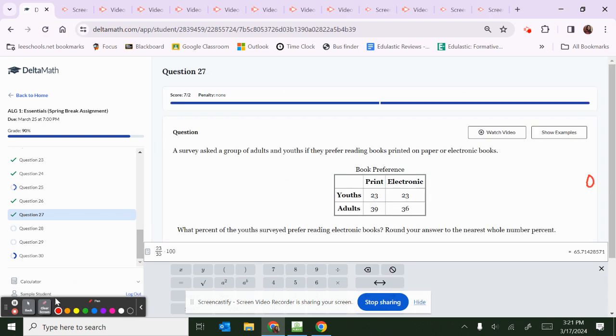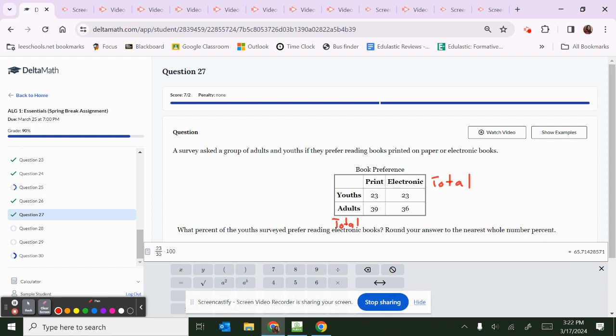For this one, it says a survey asked a group of adults and youths if they preferred reading books printed on paper or electronic books. First things first, I need to evaluate the totals, the total here and the total here. What's the total amount of people that liked printed?